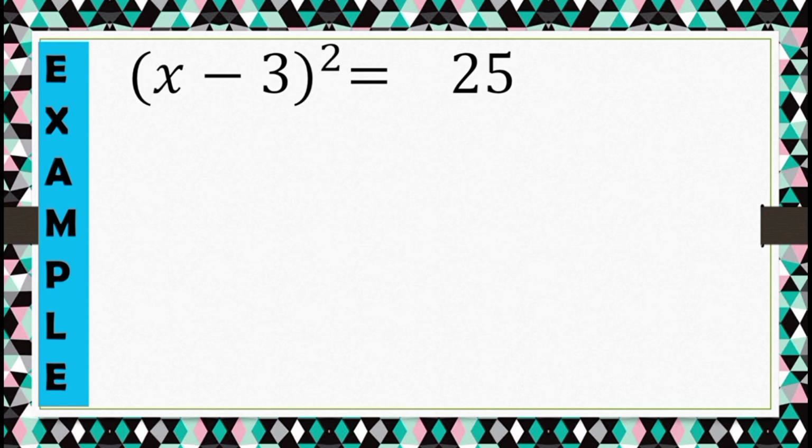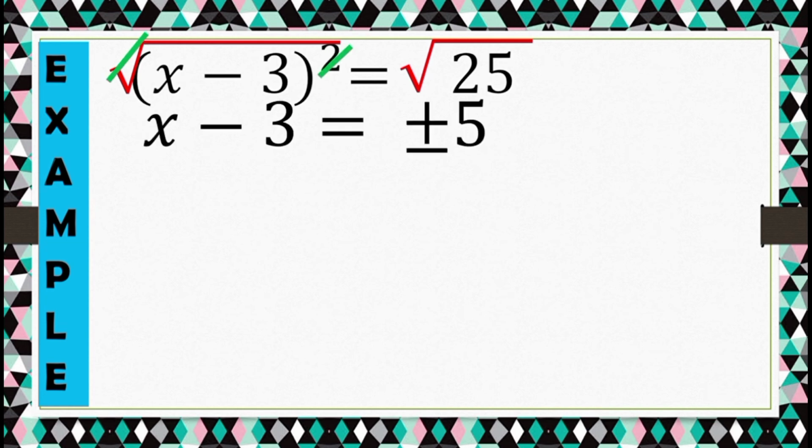Let's have the next example. Quantity of x minus 3 squared is equal to 25. In this form, we will apply directly extracting square roots. Simplify, x minus 3 is equal to positive negative 5.